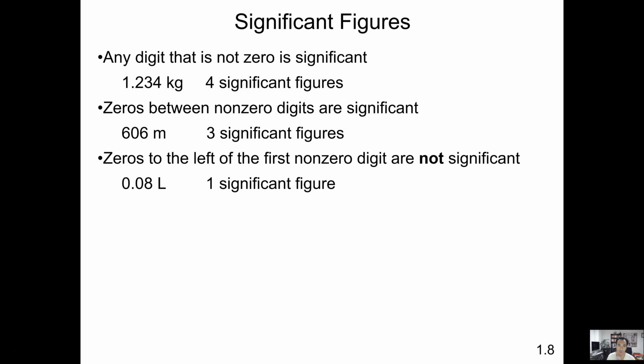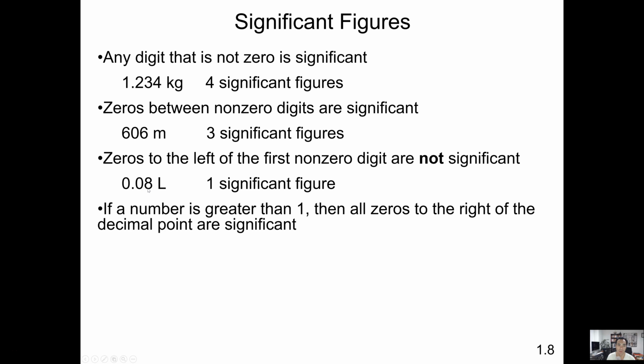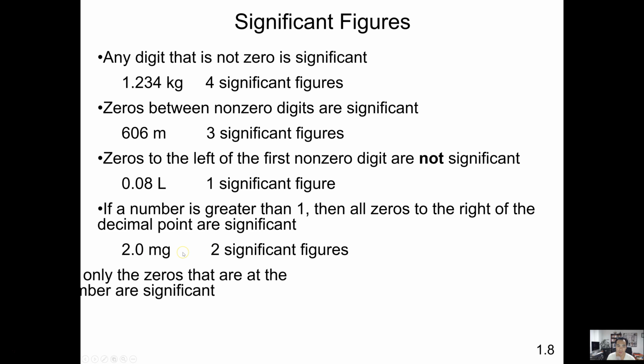For example, in 0.08, the zeros are not significant, so this would be one significant figure because the 8 is the first non-zero digit. If a number is greater than 1, then all zeros to the right are significant. So for example, 2.0 is greater than 1, so the zero is significant, and in this case you would have 2 significant figures.